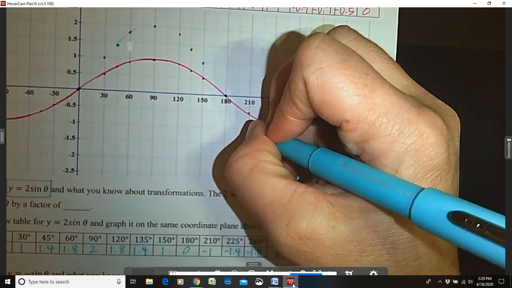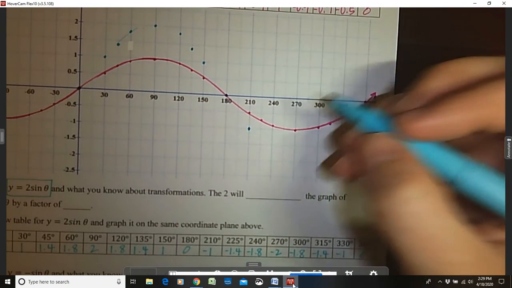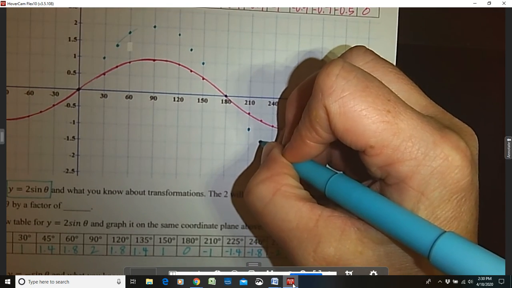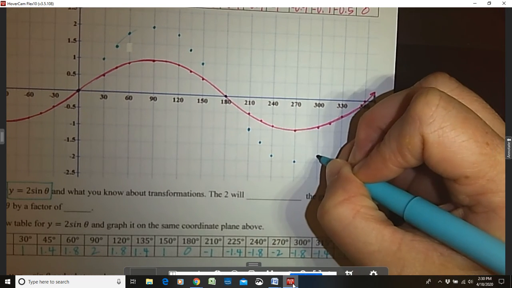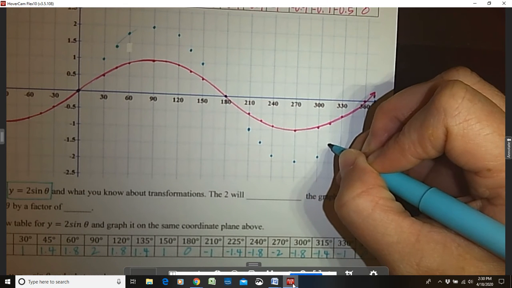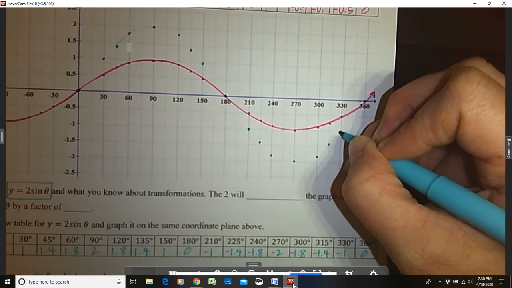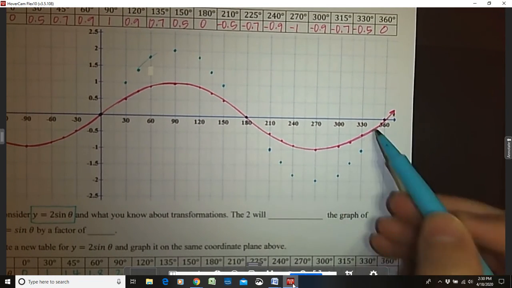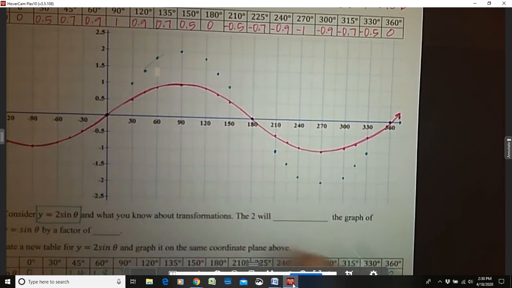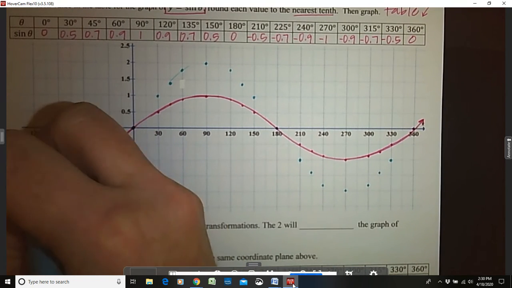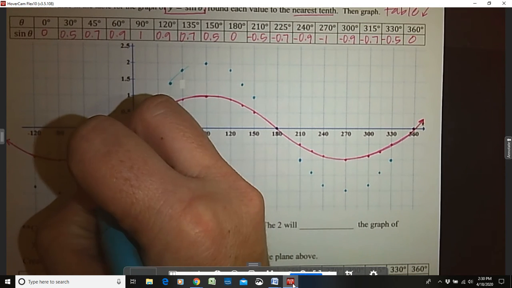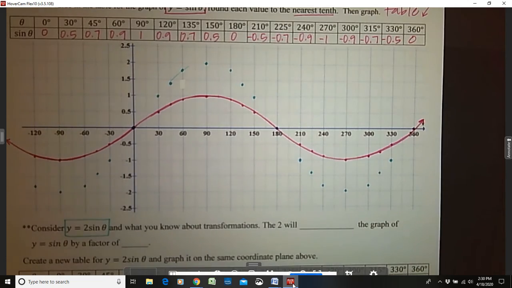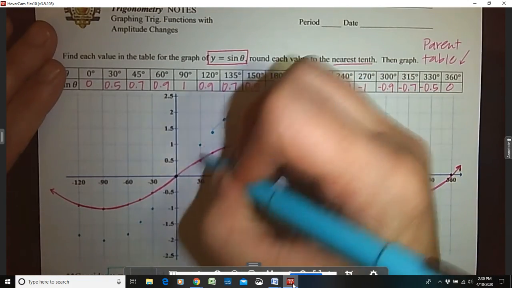So -1, -1.4, and 0. So as we suspected, much lower down here, higher, and then these would be lower back here if I plotted them. Okay, so I'm going to draw in the curve, and I may have to move my paper.